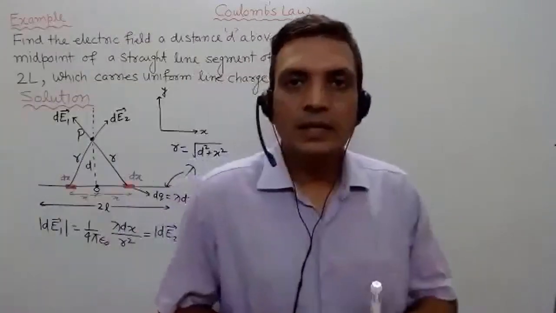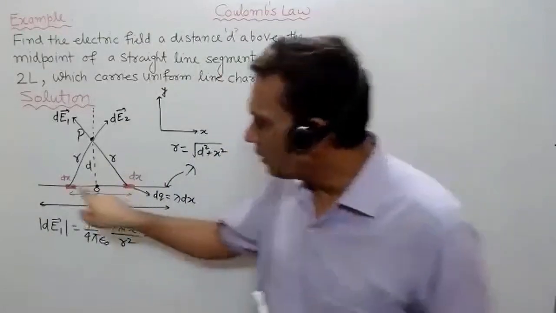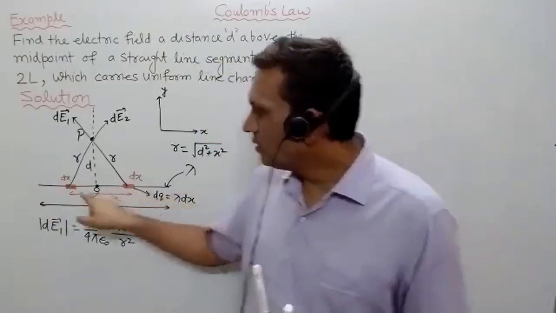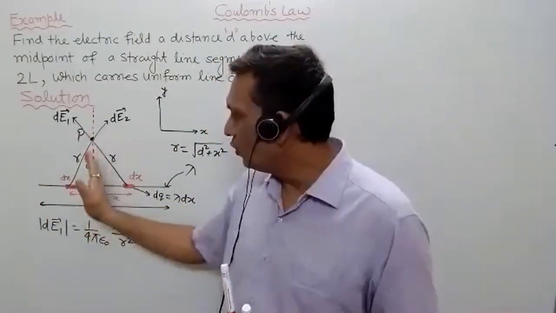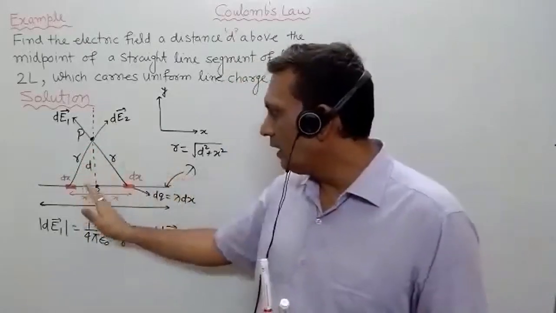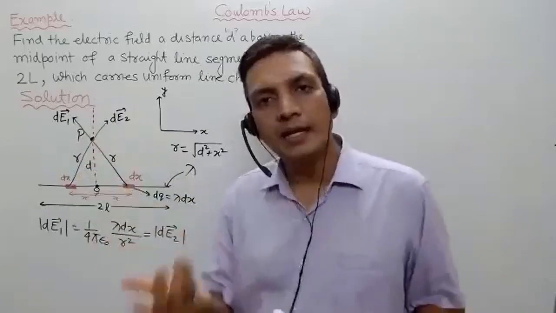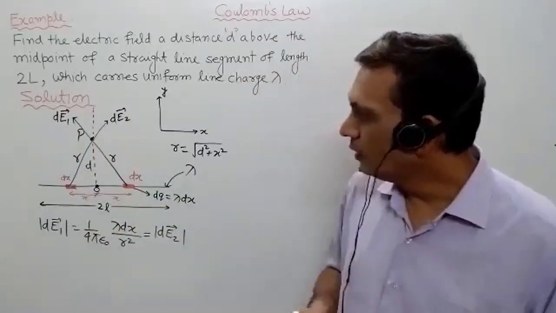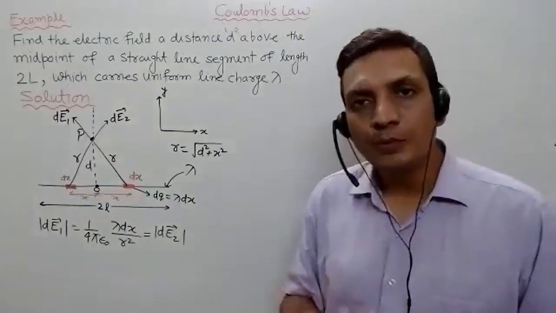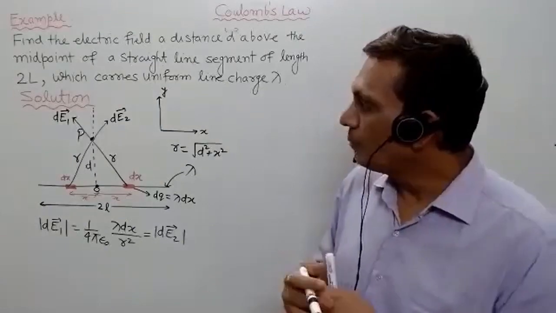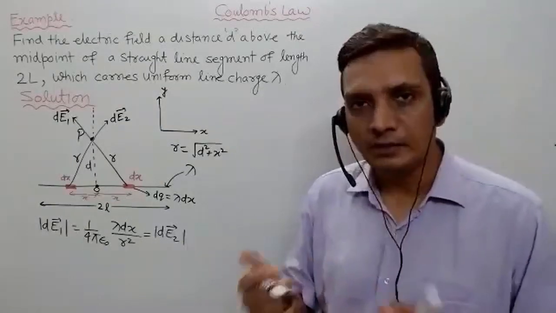You have to consider all elemental lengths on this wire. Since there is symmetry around O, I have considered elemental lengths towards right and left, because they have different directions, but the magnitude is the same. And then according to the superposition principle, you have to find the resultant field.